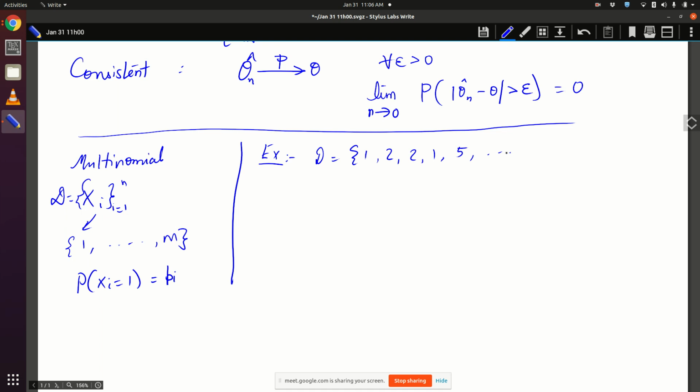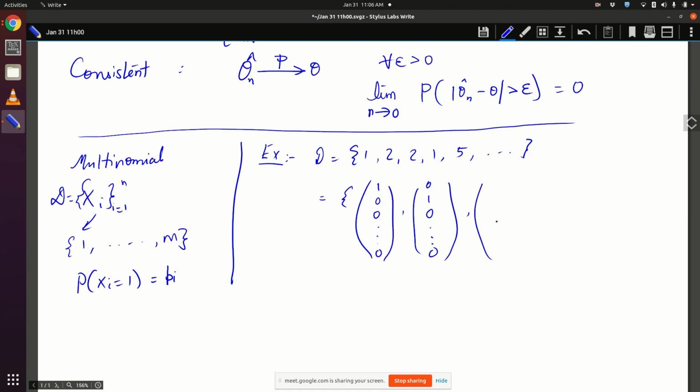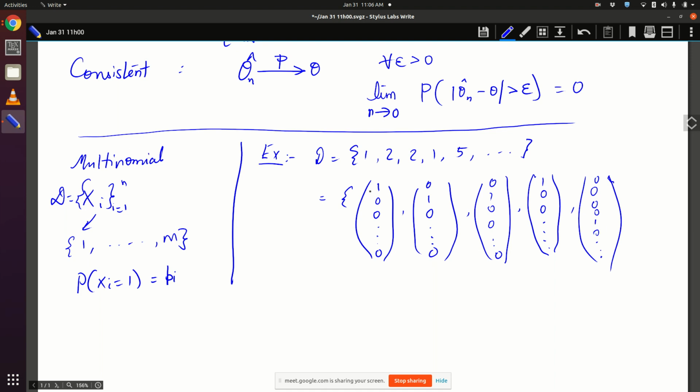What we do first is transform it into vector notation, with all zeros, and each xi has an entry for each position 0 1 2 3 till capital M.